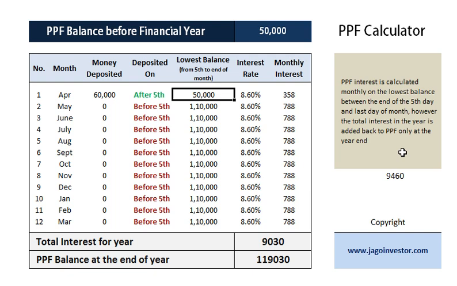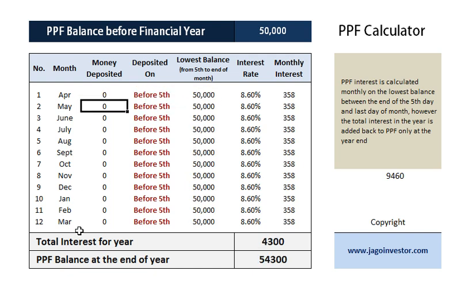So this was the case where 60,000 is invested at the start of the year. If we invest this 60,000 rupees at the end of the year, say in February or March, the total interest would be 5,160 rupees.